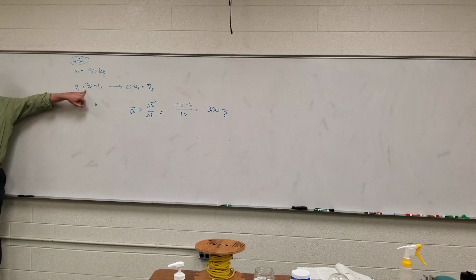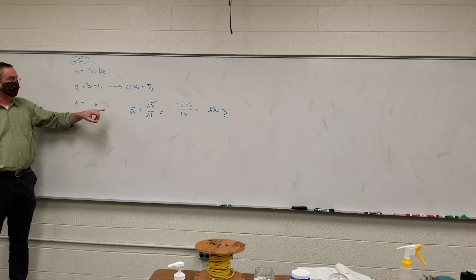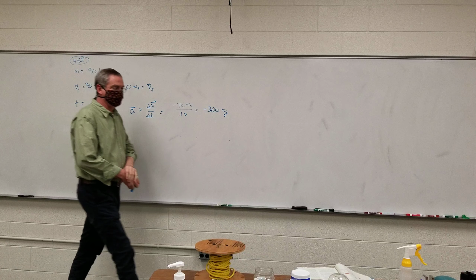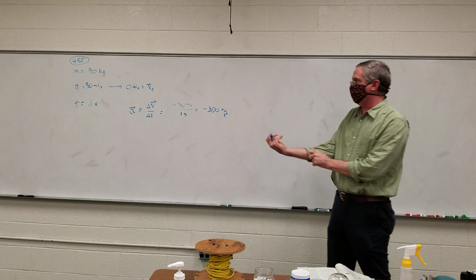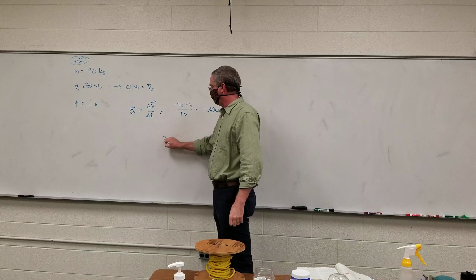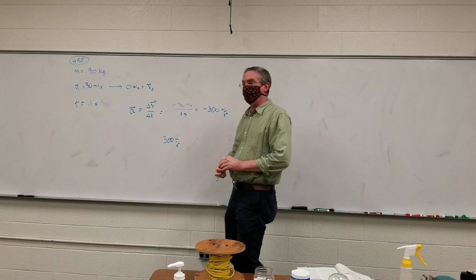By making this positive 30, I indicated that he is traveling in the positive direction when he hits the wall. And therefore, the acceleration will be the opposite sign. Deceleration is automatically built into it. He's slowing down. And so the answer would be 300 meters per second squared, given the wording that Hewitt uses for part A.